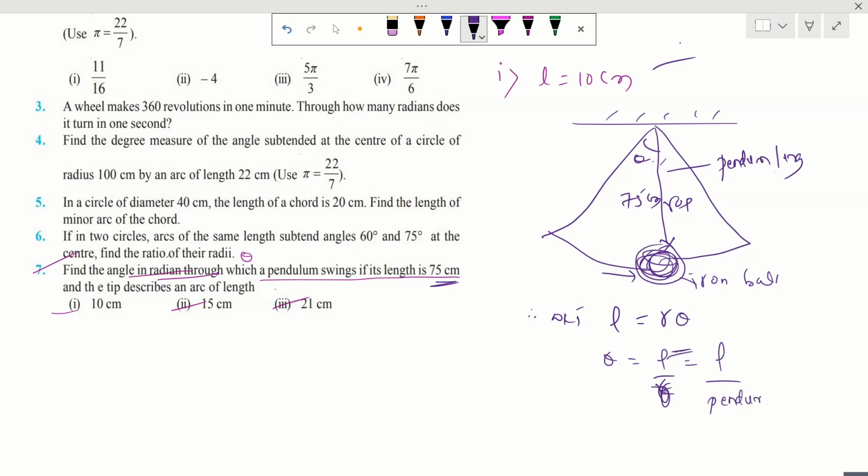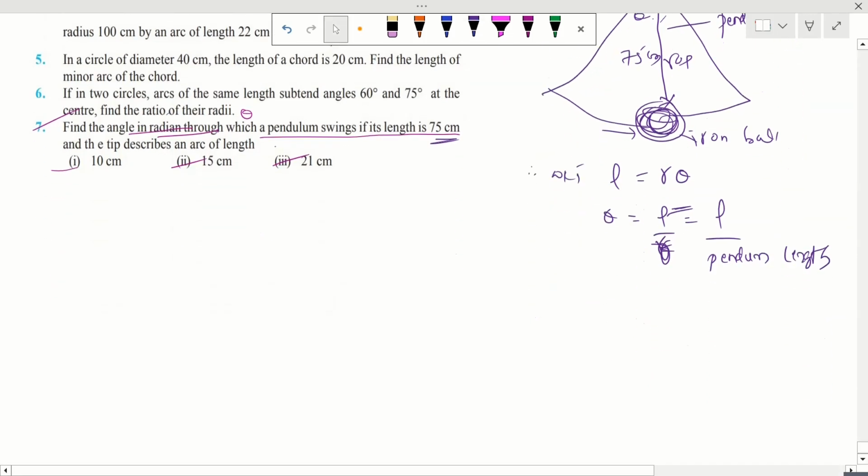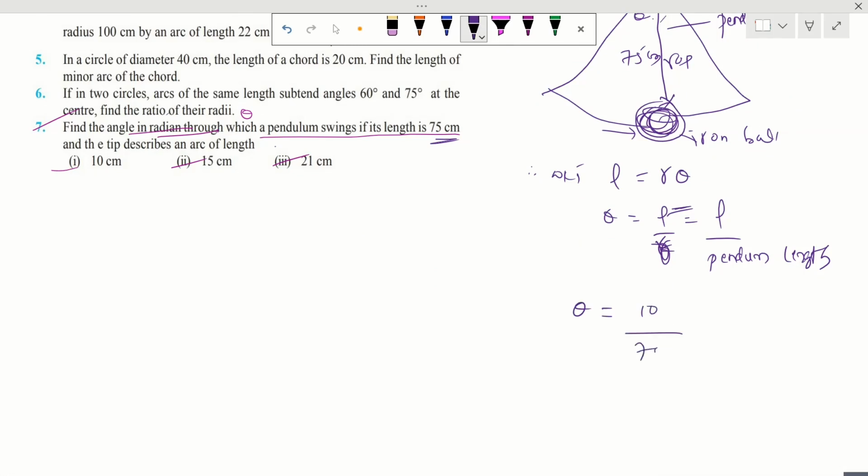So for the first value, theta is equal to L, the arc length 10, by the pendulum length 75. 10 by 75: 5 twos are 10, 5 fifteens are 75, so it is 2 by 15.